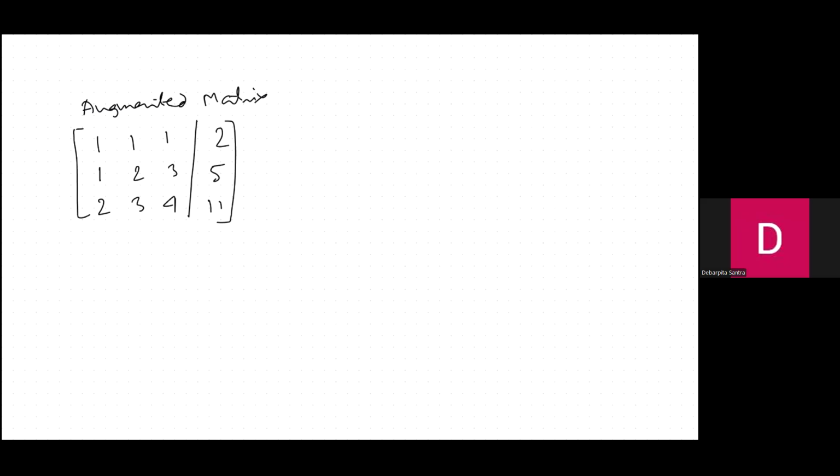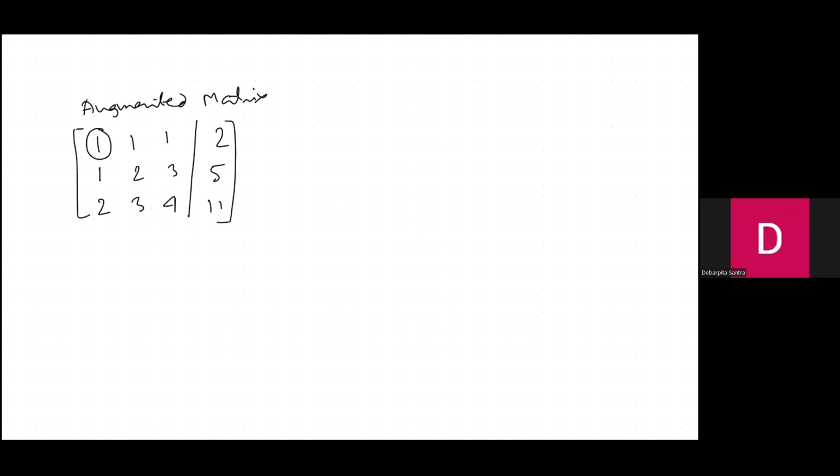At this place, 1 is already there, so we have nothing to do. But the elements below this diagonal element in the first column should be 0: the second value 0, and the third value also 0.